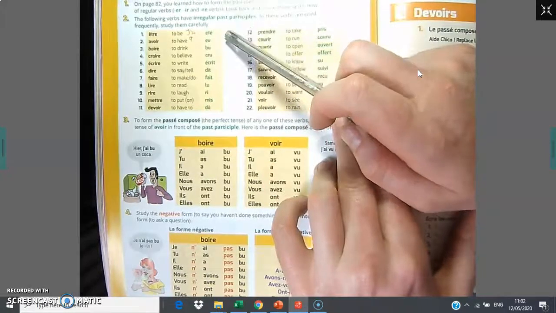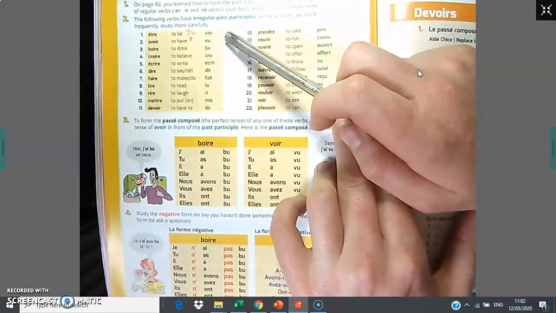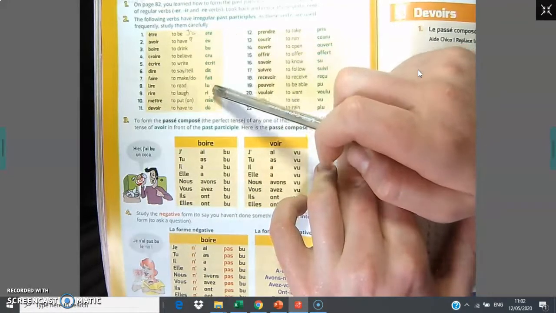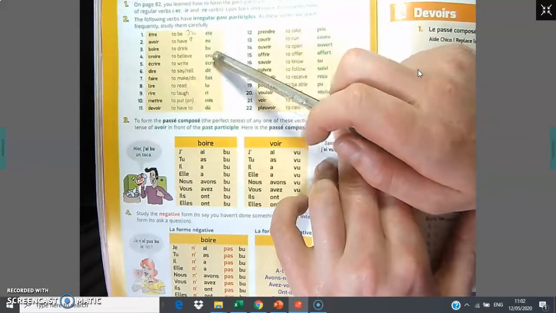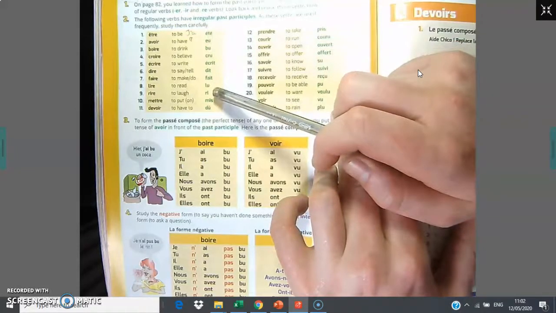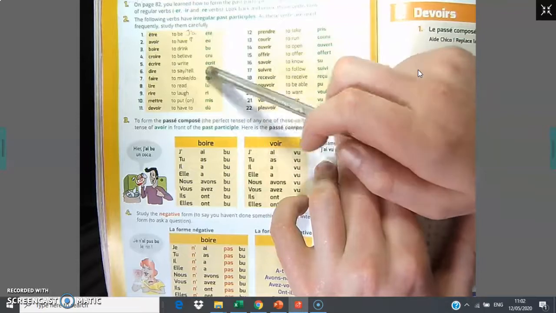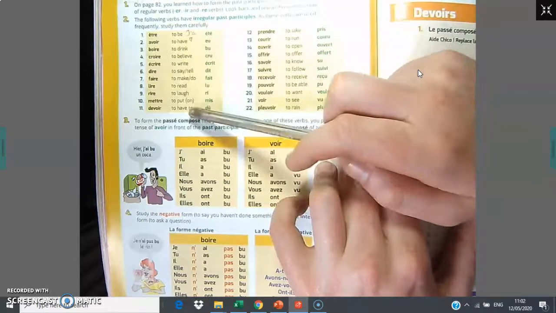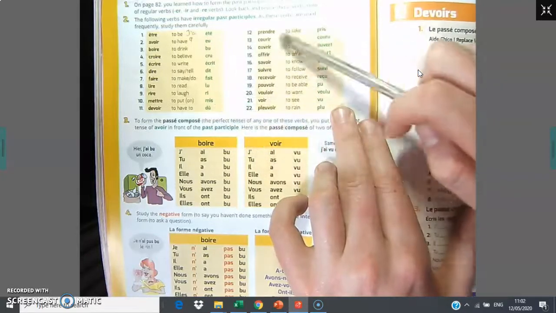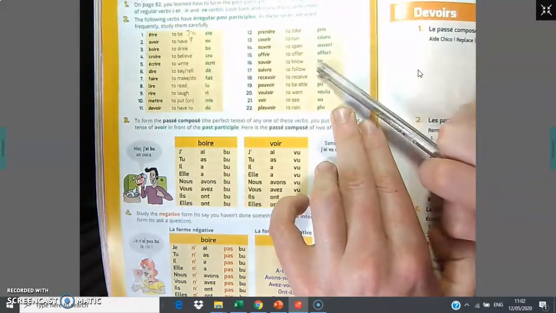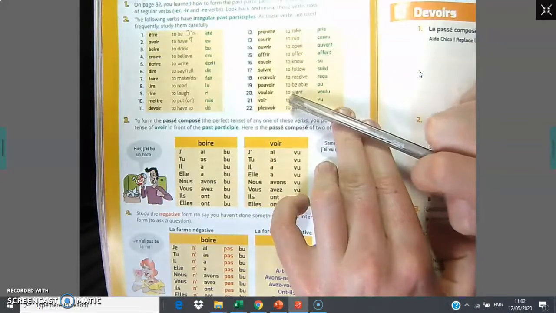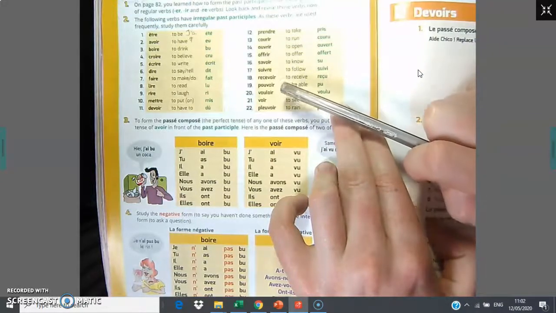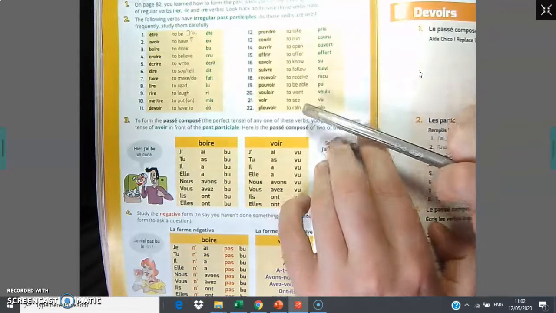Some of the irregular ones I summarized on the PowerPoint there. There's a whole pile here too. Most of the ones we've got here, I've covered. There's a couple of extra ones like the verb croire, to believe, becomes cru, devoir, dû, savoir, su, pouvoir, pu, recevoir, reçu.